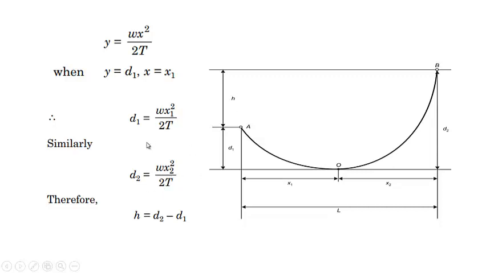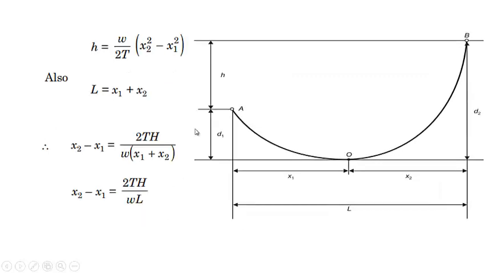And h is equal to d2 minus d1, the difference, so it will be equal to w by 2T into x2 square minus x1 square, which is h. Also, as I told you, L will be equal to the summation x1 plus x2. Now this equation can be written using a square minus b square equal to a plus b into a minus b.